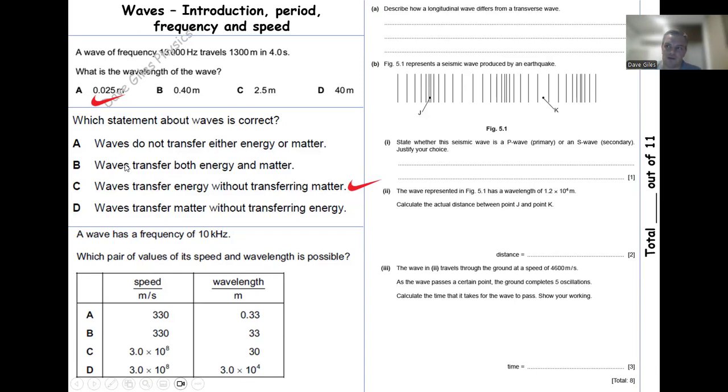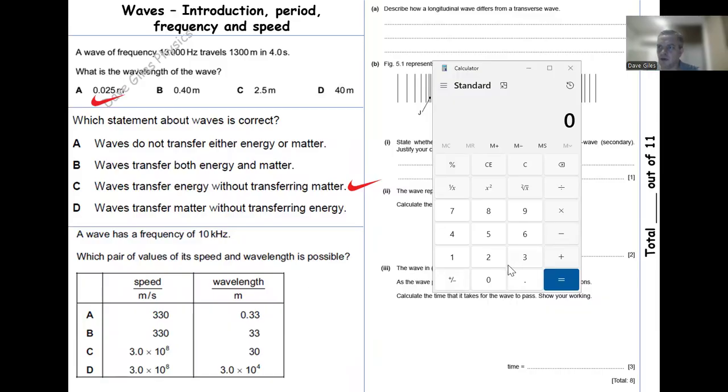So if we're looking at the formula, V equals F lambda, rearrange that to get frequency equals speed or velocity over lambda or wavelength. So it will be speed divided by wavelength.